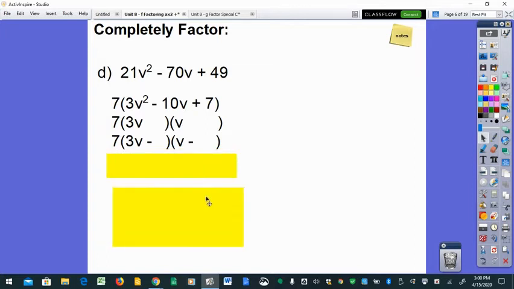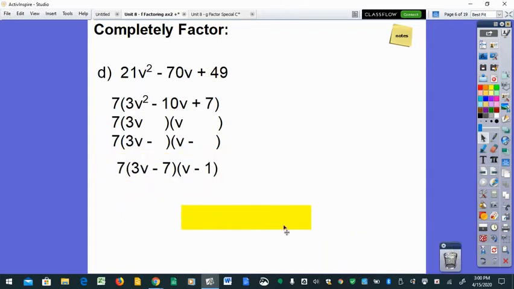Okay, did you get the right ones? Let's see. Drum roll, please. All right, we're going to check this one by FOILing it. So 3b times b would give me the 3b squared. The outer would be negative 3b. The inner would be negative 7b, which would add to a negative 10b.